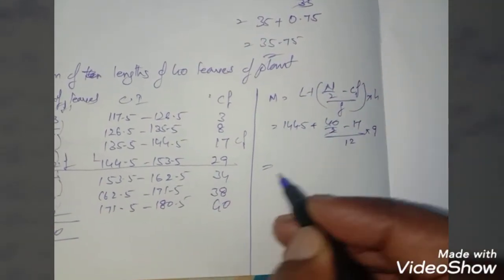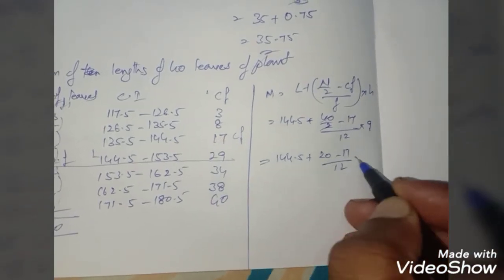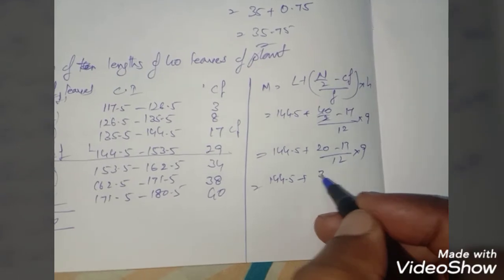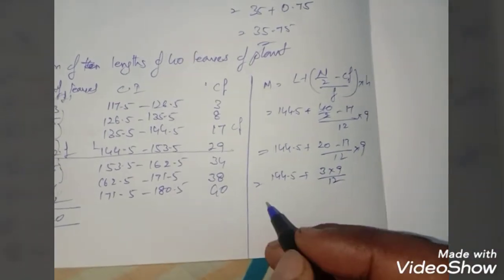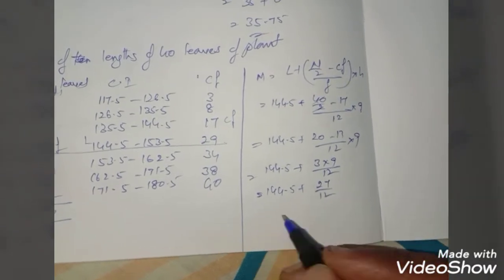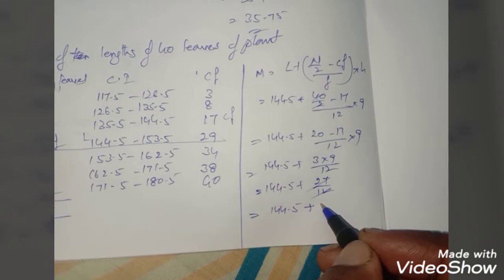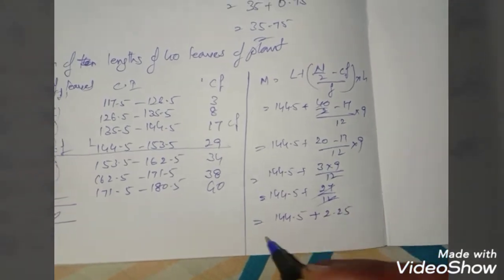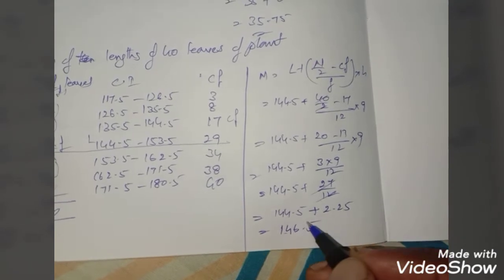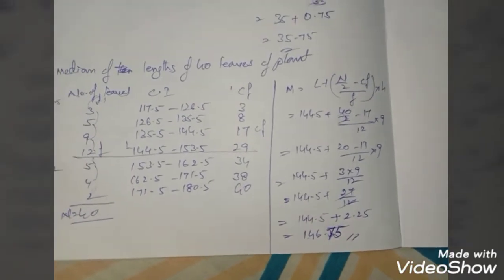Now divide this, you will get 144.5 plus 20 minus 17 by 12 into 9. Now 144.5, 20 minus 17 is 3, into 9 by 12. Now multiply, you will get 144.5 plus 27 by 12. Now if I divide this, you will get 144.5 plus 2.25. Now if I add, you will get 146.75. So like this you are finding a median.